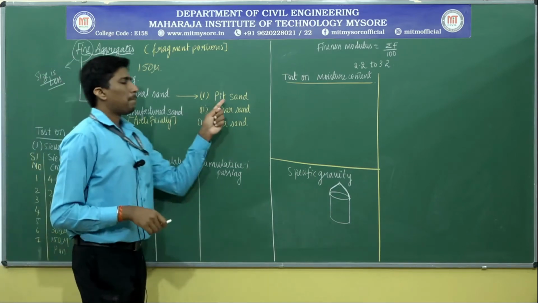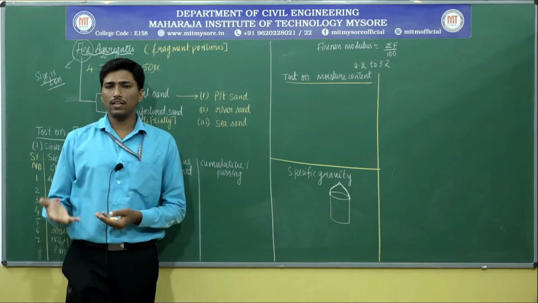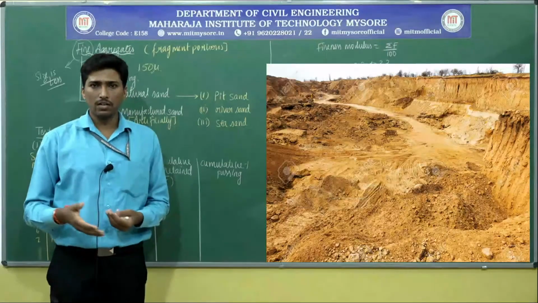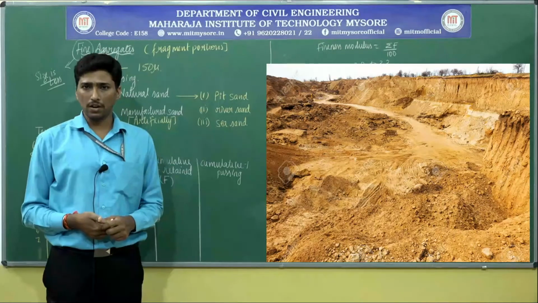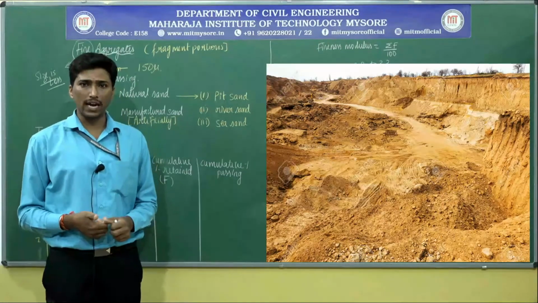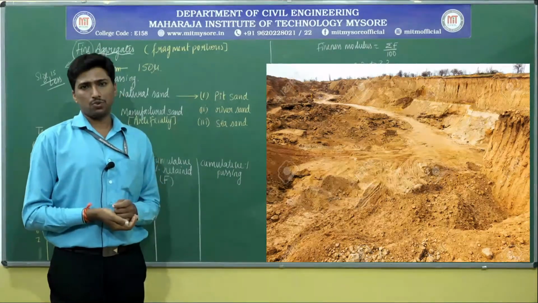First thing is pit sand. What does pit sand refer to? The pit sand is obtained by digging out the ground surface, where the vegetation cover has to be removed, and only then can you get the surface clear with the sand portion.